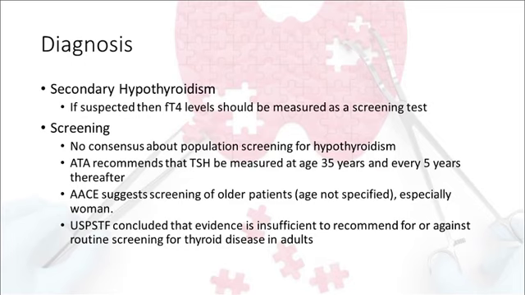In terms of secondary hypothyroidism, you need to check the free T4 levels for screening. There is generally no consensus about population screening. The American Thyroid Association recommends that TSH levels should be measured from age 35 and every 5 years thereafter.